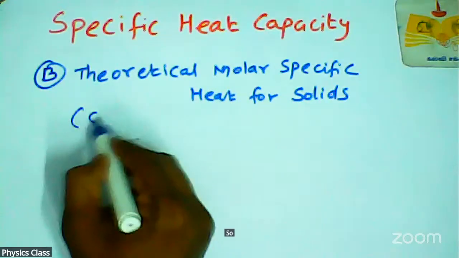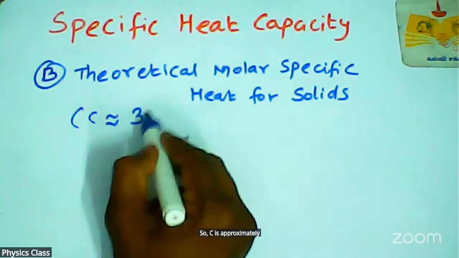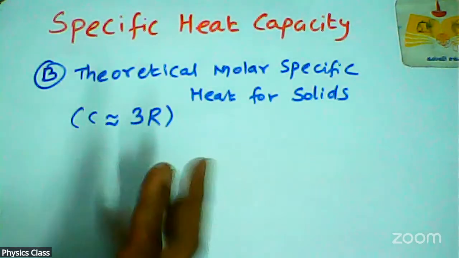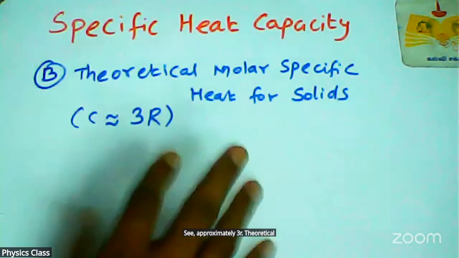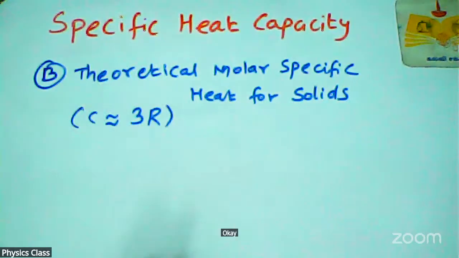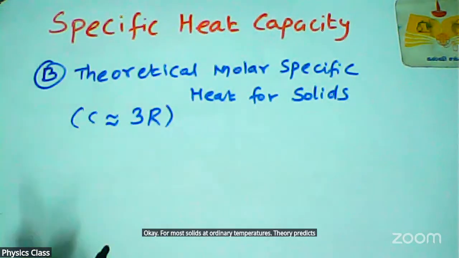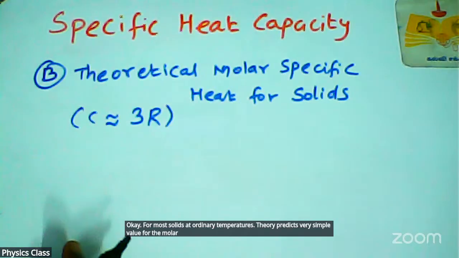So C is approximately 3R. For most solids at ordinary temperatures, theory predicts a very simple value for the molar specific heat capacity.